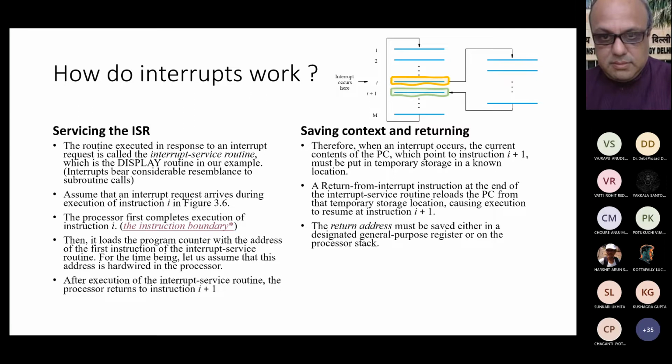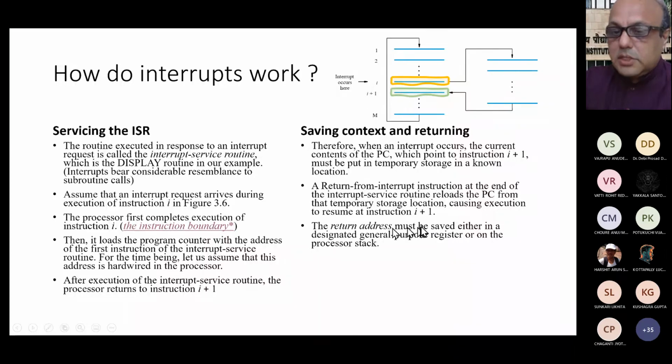this context. So when an interrupt occurs, the current contents of the program counter must be put in temporary storage. That's a push operation in a known location, a stack, which you know where it exists. And when you return from an interrupt, at the end of the service routine, you will resume at the I plus 1th instruction.